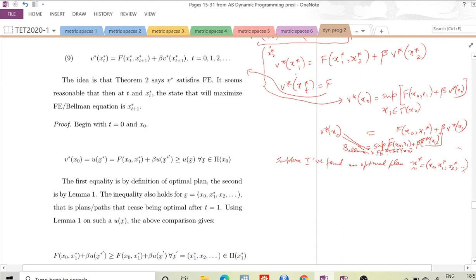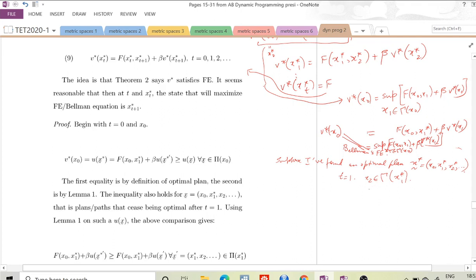All right. Then I now come to period t equals 1. Okay. So I have to choose an x2 from gamma x star 1. What do I choose?